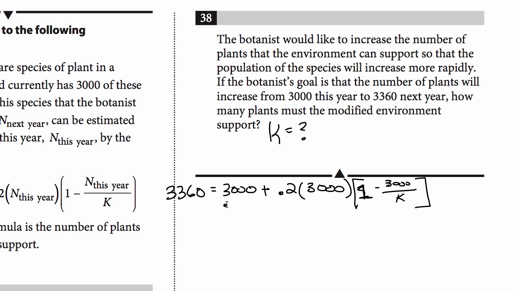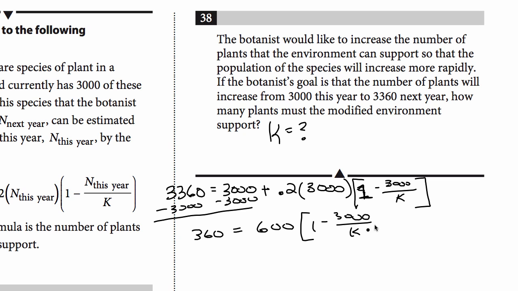There are a couple of ways to do this. We can subtract 3,000, and we get 360 equals 0.2 times 3,000, which is 600, times 1 minus 3,000 all over K.